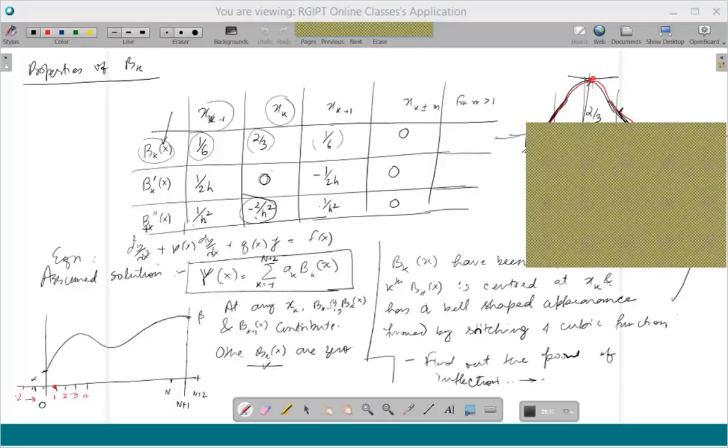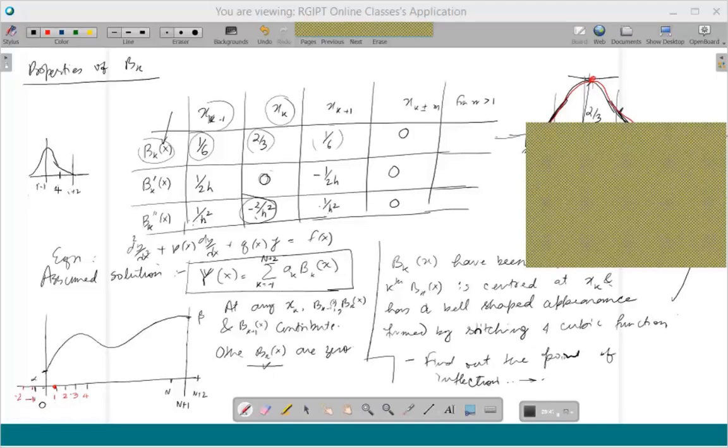We look at this. So bk at xk minus 1 is 1 by x squared, or bk at xk plus 1 is 1 by x squared. This is just for any k. So when you have the ith point, if you have a bi minus 1, this is bi minus 1.